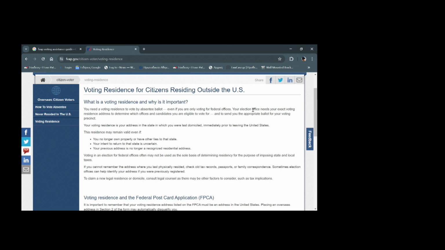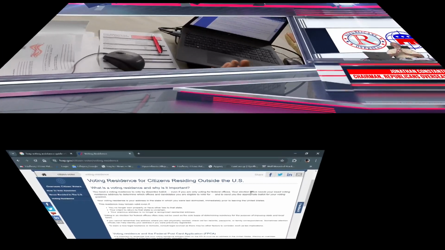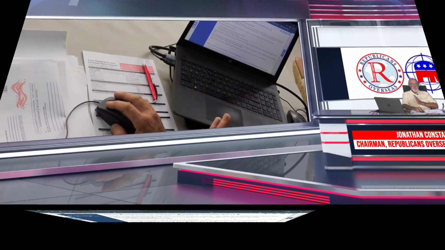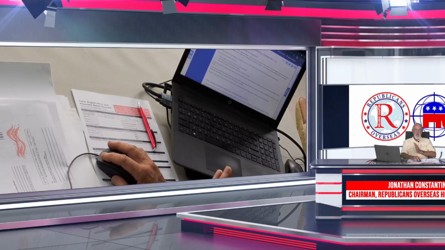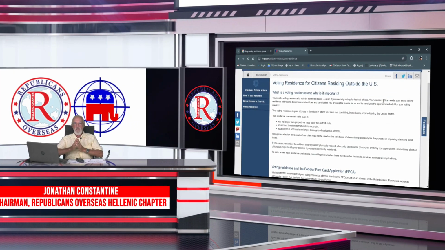The whole idea of overseas voting is that we have, at least temporarily, severed our residence ties with the United States.